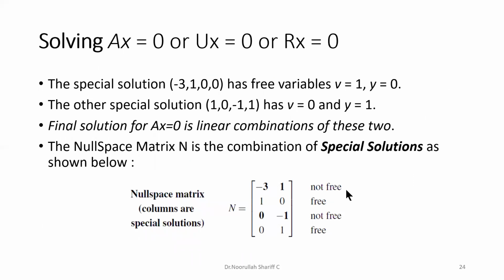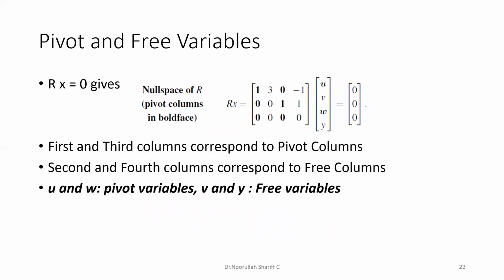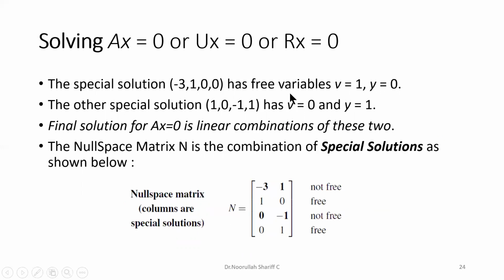So you can see that this corresponds to the not free values -3 and 1 in the null space matrix. So this -3 and 1 is straight away picked up as the negative of the 3 over here and -1 over here. 3 and -1 are the negative of -3 and 1.